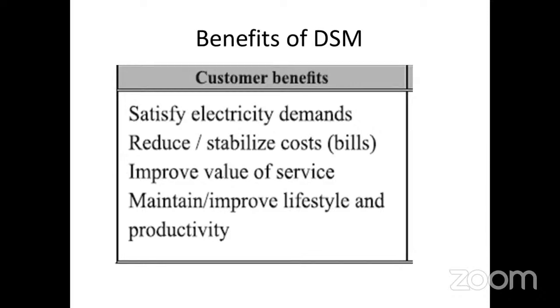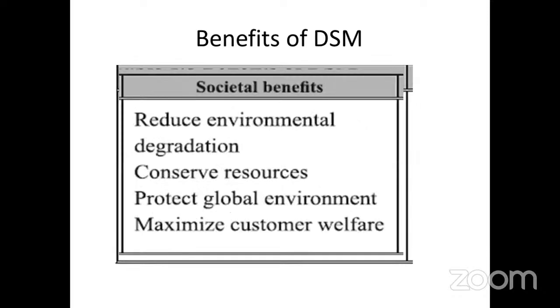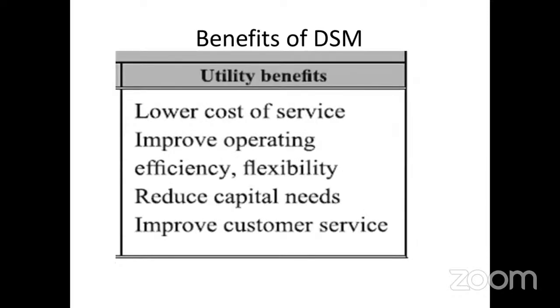It will satisfy the electricity demands, reduce costs, improve value of service. Reduce environmental degradation, social benefits, conserve resources, and utility benefits: lower cost of service, improve operating efficiency, flexibility, reduce capital needs, improve customer service.